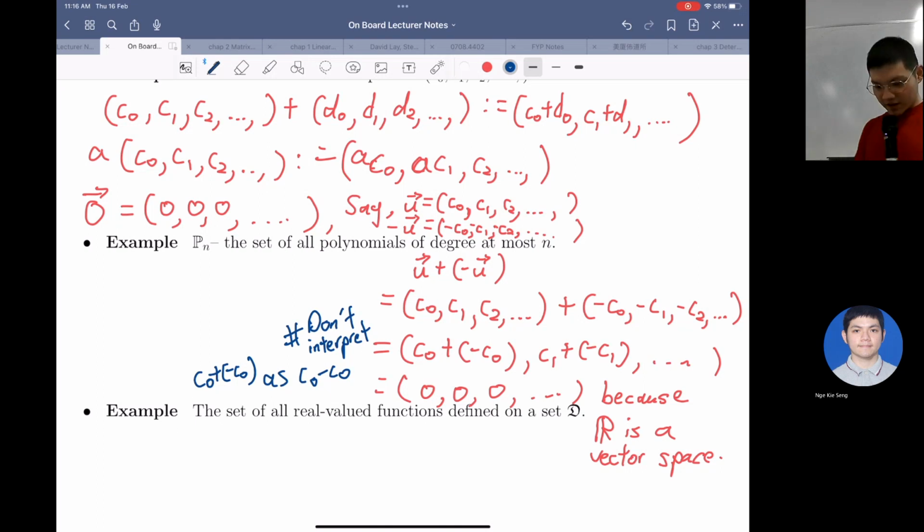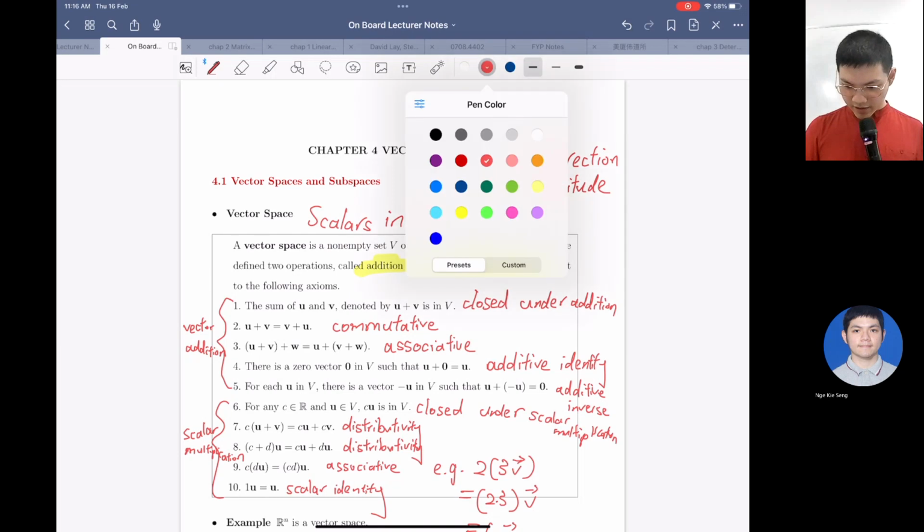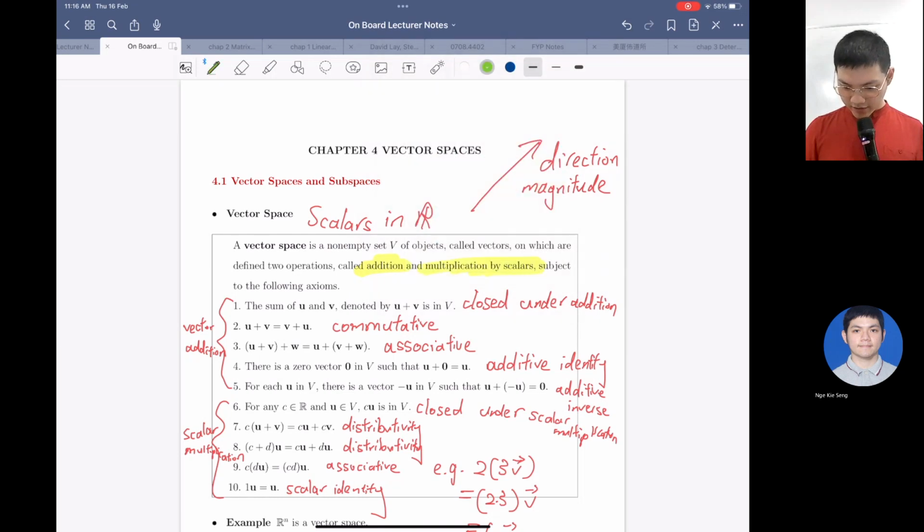All right, what else do we need to determine here? We already found the zero vector, and we found the minus u. For the rest, you can verify yourself, because it's just the same as verifying the numbers satisfy this condition, just that there are more terms popping up.